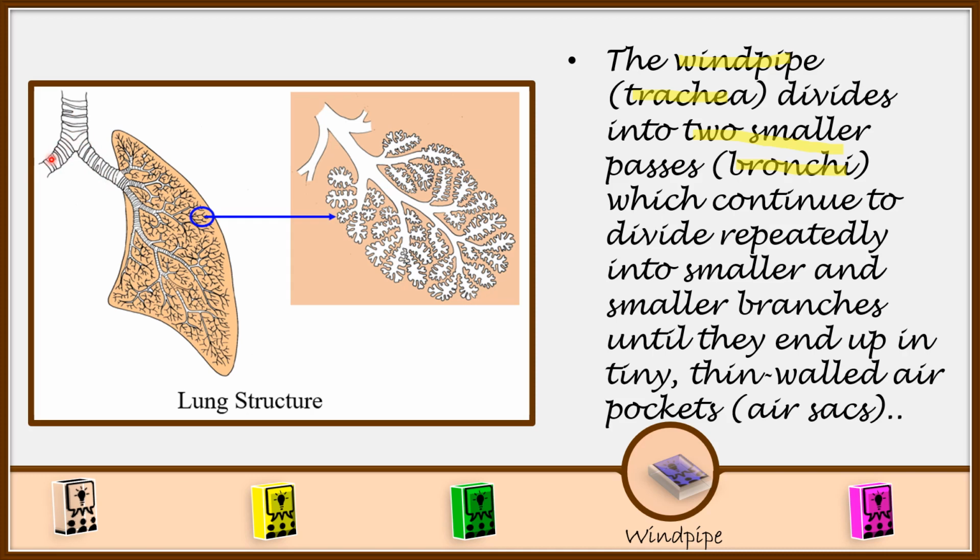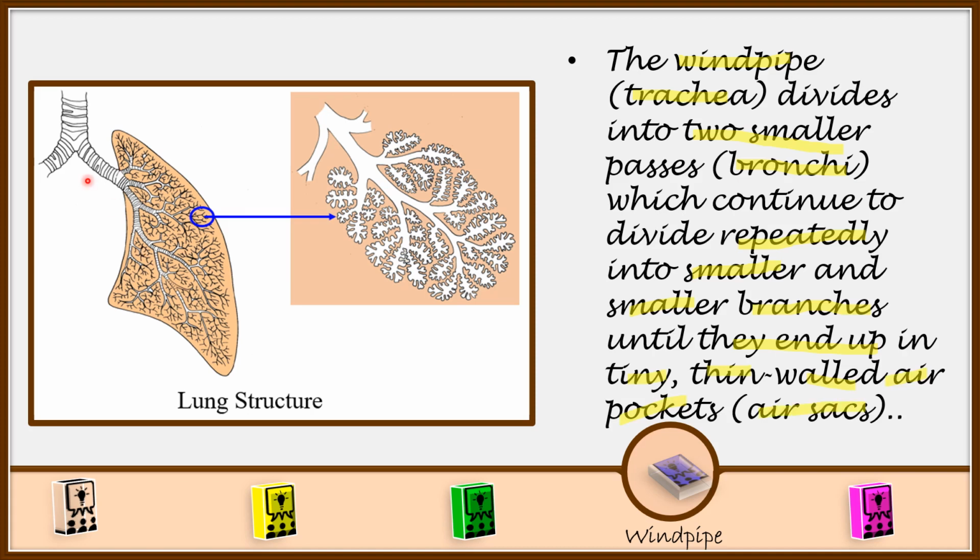The bronchi continue to divide repeatedly into smaller and smaller branches until they end up in tiny, thin-walled air pockets. These we call the air sacs.